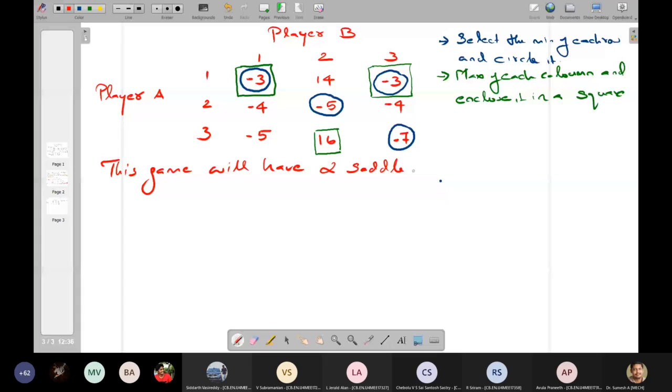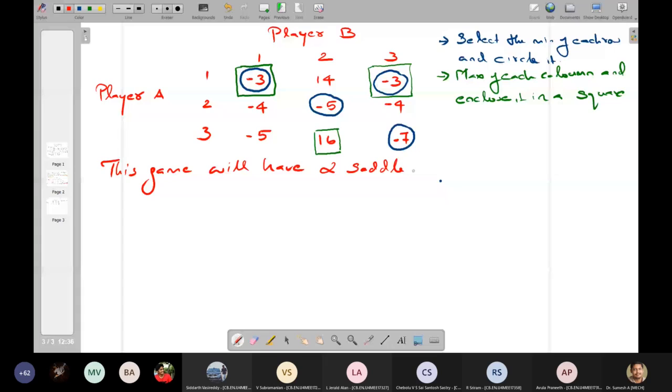So this is the information you get, and the final will be the value of the game. The value of the game will be the one point value you are getting, that is called the saddle point. So this is how you are finding the saddle point and the value of the game.